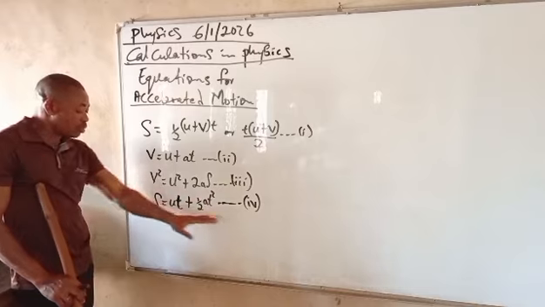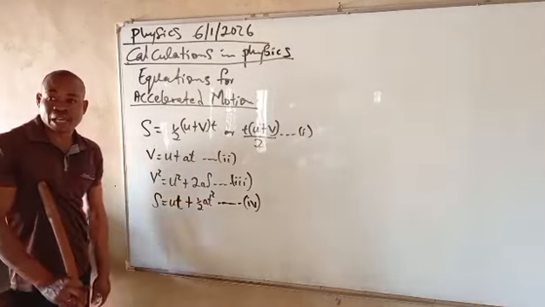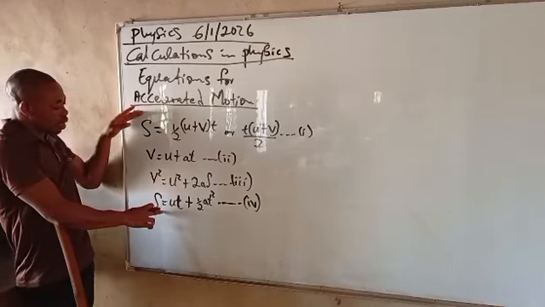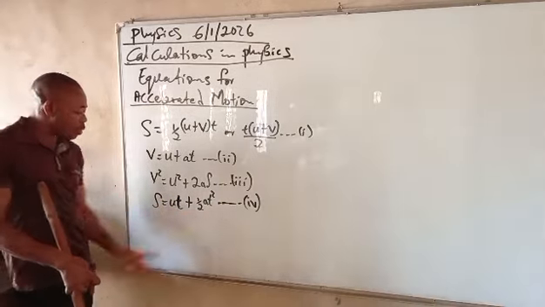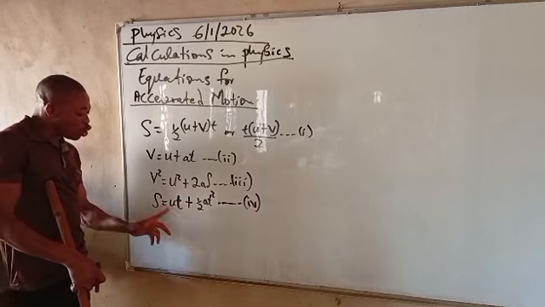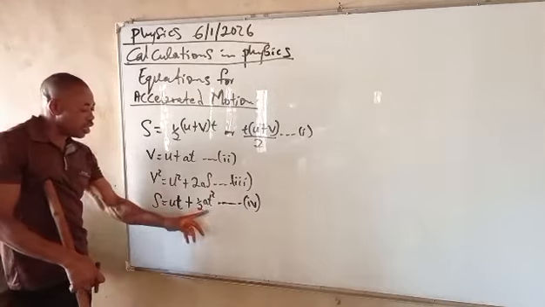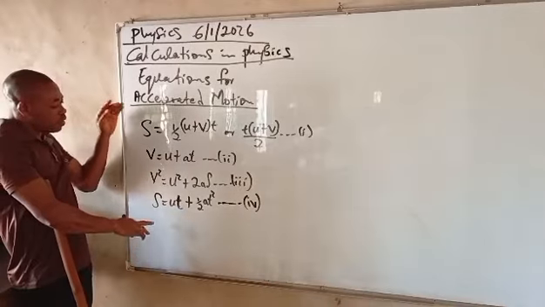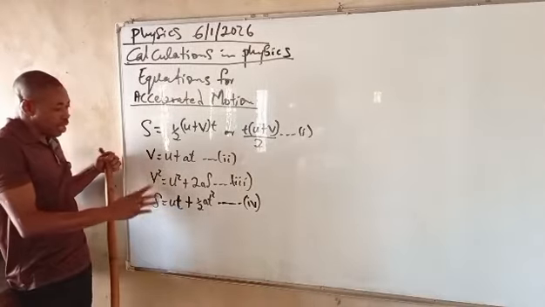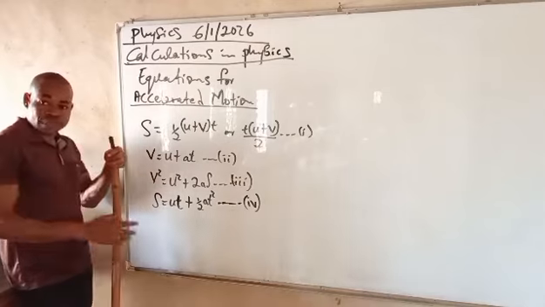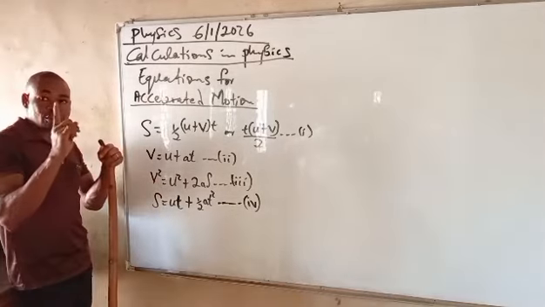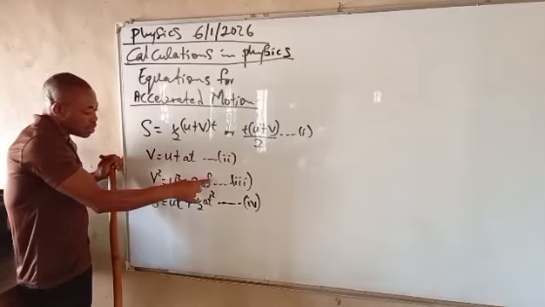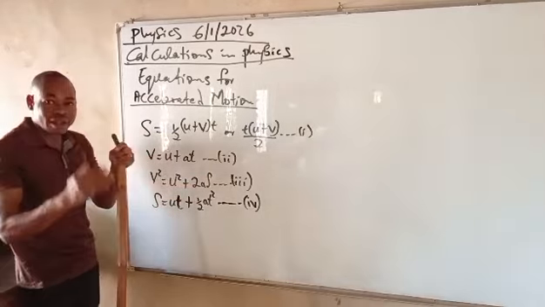In the formula we have S equals UT plus half AT squared. Now, we notice that we have three distances here. In case sometimes they give us a calculation to calculate distance, you have S here, you have S here, you have S here. There are things you check.